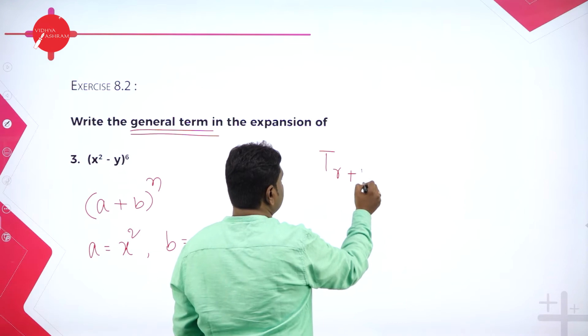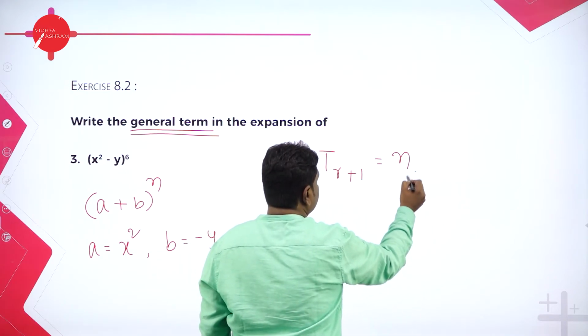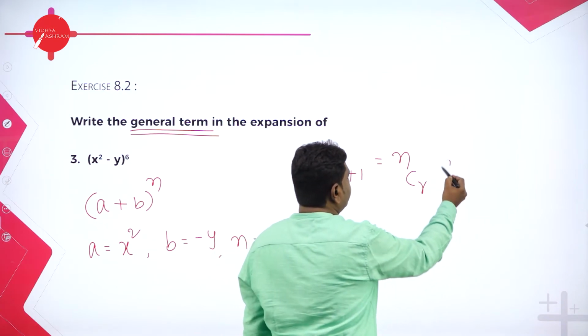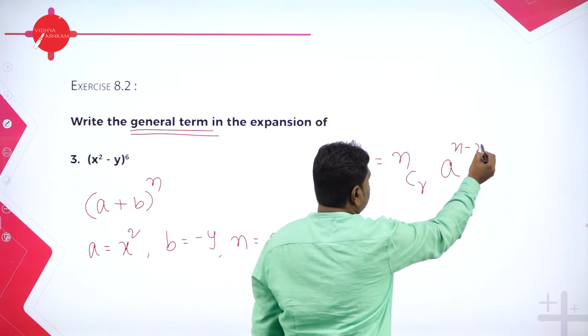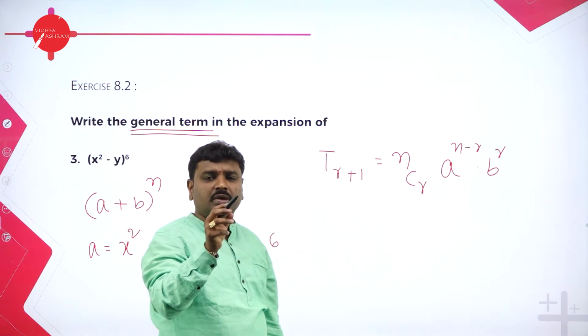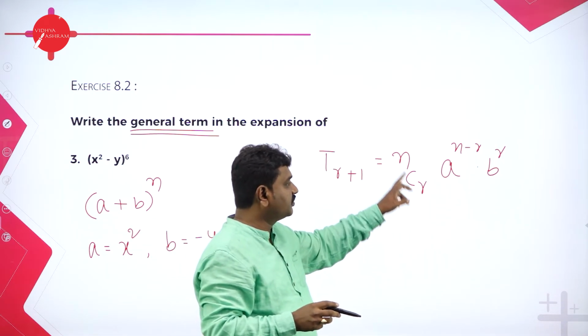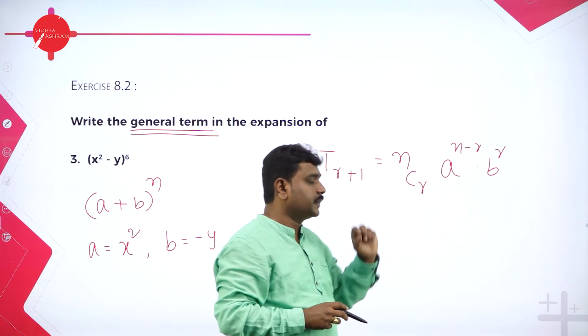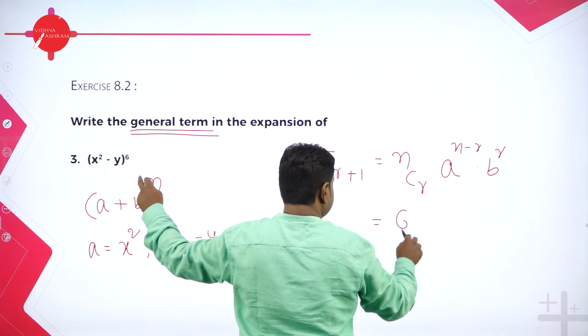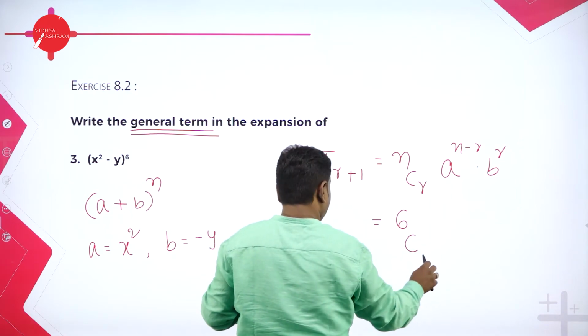Now what is the general term formula? T(r plus 1) is equal to nCr a power n minus r into b power r. The general term is the first term power difference of these two into second term power r. So here in this problem n is 6, r is unknown.